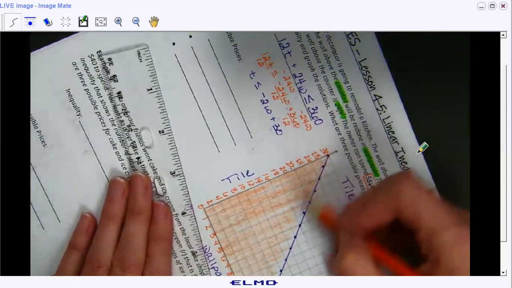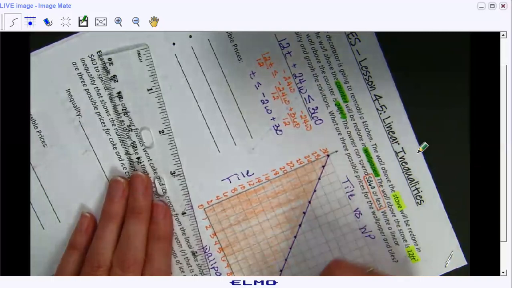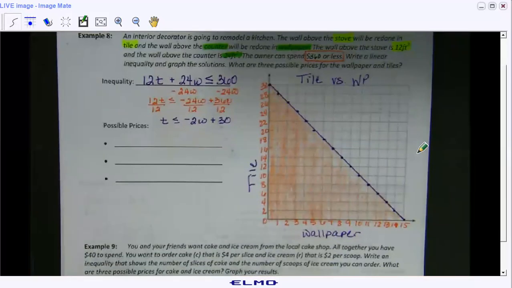It just shades like that, wow. As long as I can tell what your shading is, you're fine. So I know it's a rough shade.